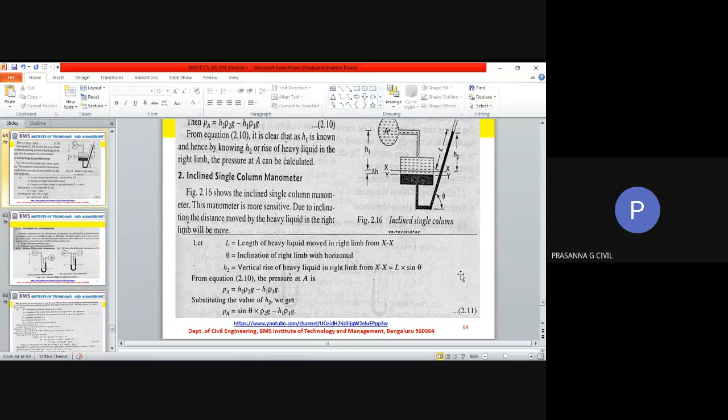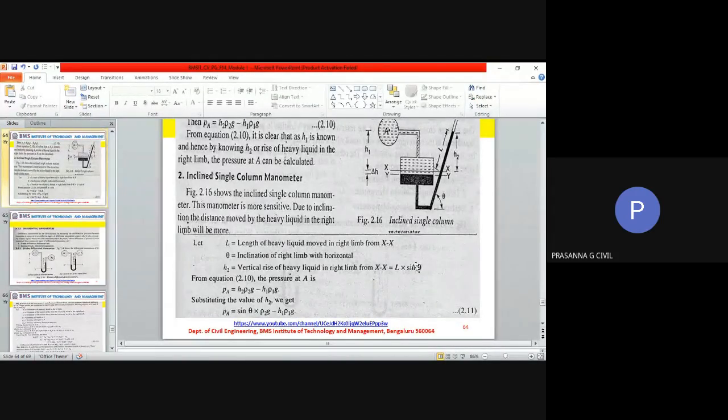So this is what is meant by a vertical column manometer. So we have simple manometers, we have differential manometers. In simple manometer, we can have a piezometer, we can have a U-tube manometer, we can have a vertical column manometer, single column manometer.